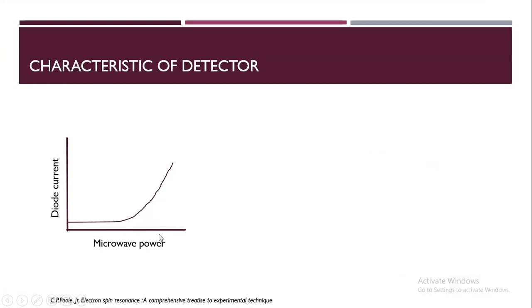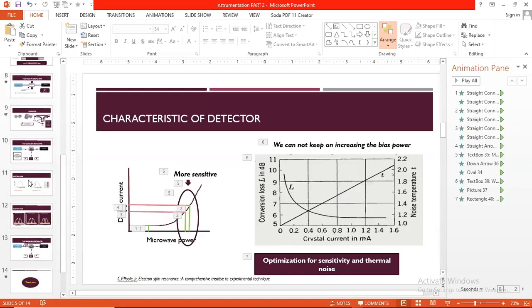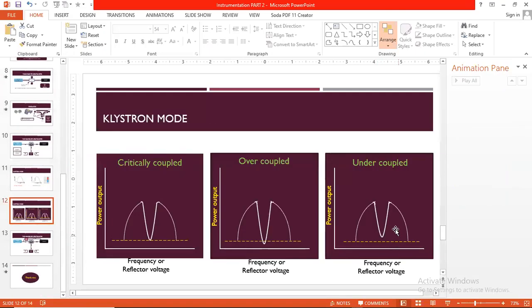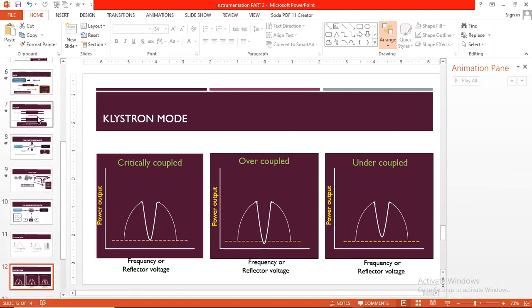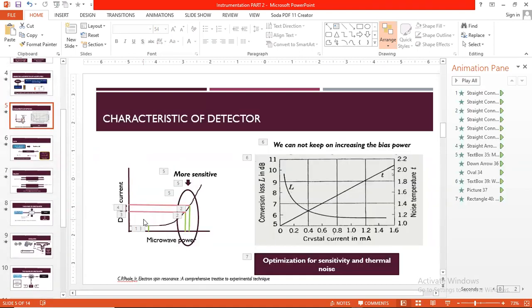This we can do when we are doing the coupling. What we can do, if we think about this condition, some part of the power is reflecting back to the detector. This power we can use as the bias power, so we can go from this range to this range.